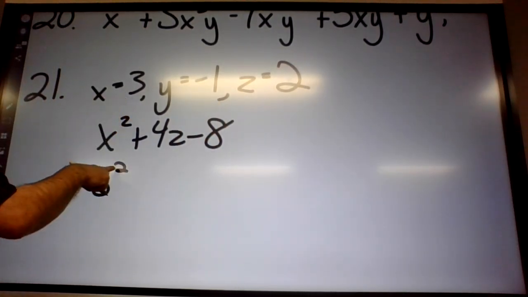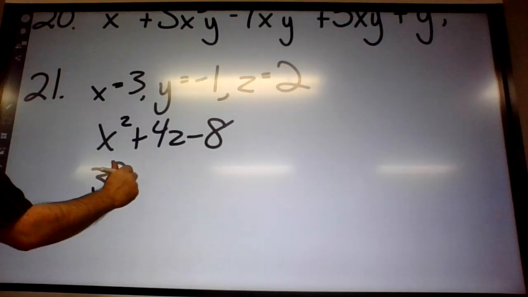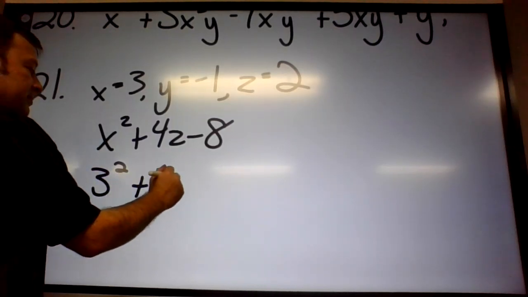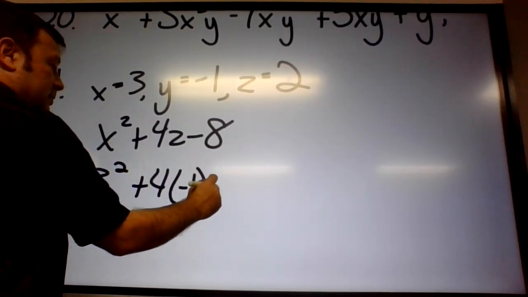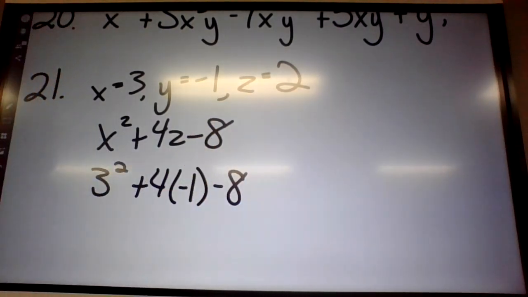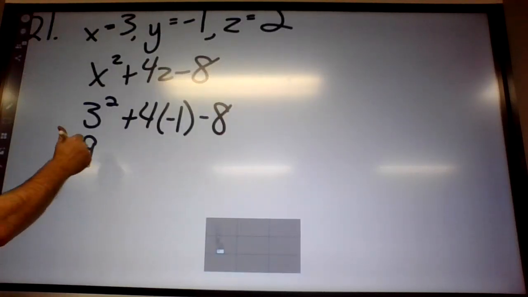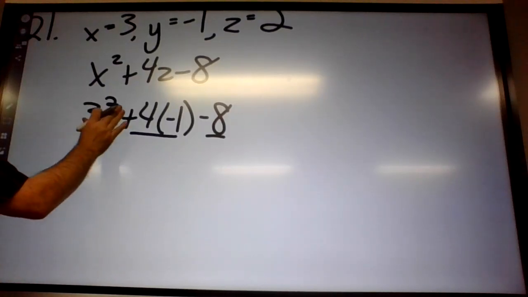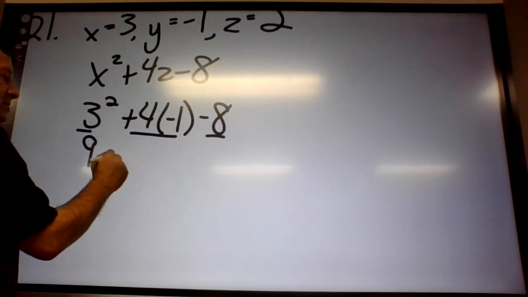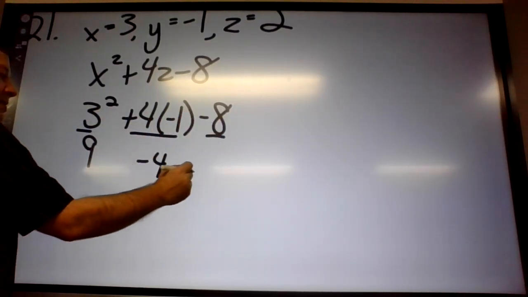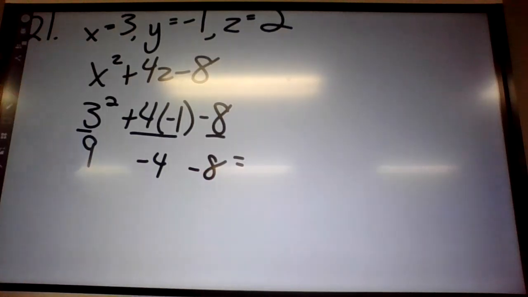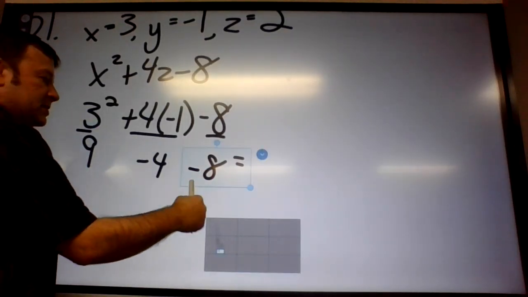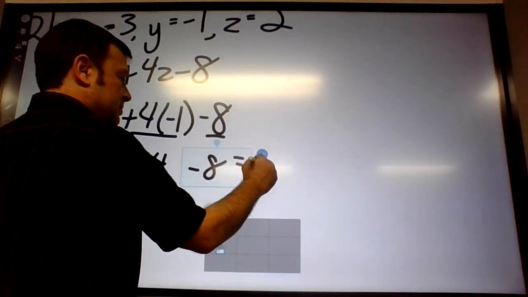If it's just 3 squared, you don't really need parentheses, because that's not going to screw it up. If you're simplifying without a calculator, you do each term first, and then you add or subtract at the end. 9 minus 4 is 5, minus 8 is -3.